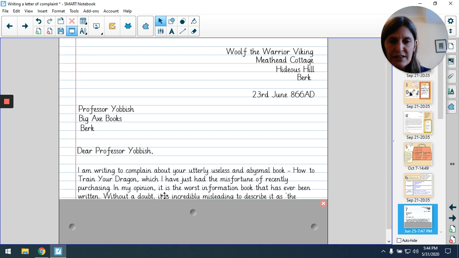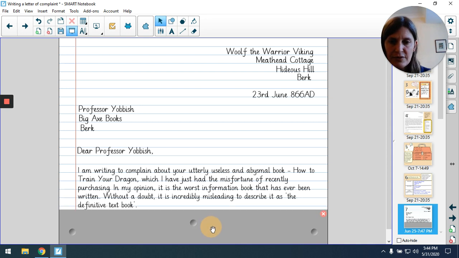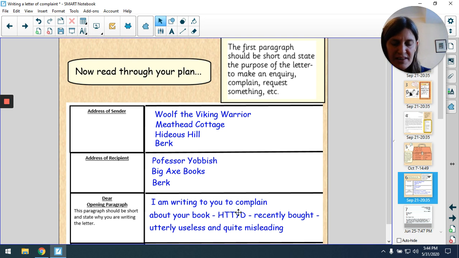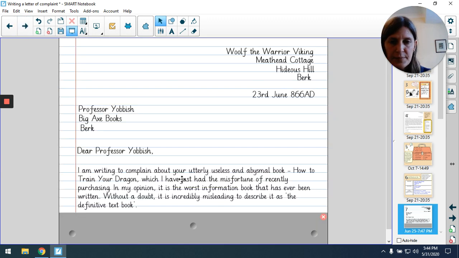In my opinion, it is the worst information book that has ever been written. Without a doubt, it is incredibly misleading to describe it as a definitive textbook. Now, as you can see, if I go back to my plan, I've taken my key points and I've added some bits into it. I've added in some emotive language and I've added in my personal opinion. But I've done what I said in my plan. I've explained why I'm writing.